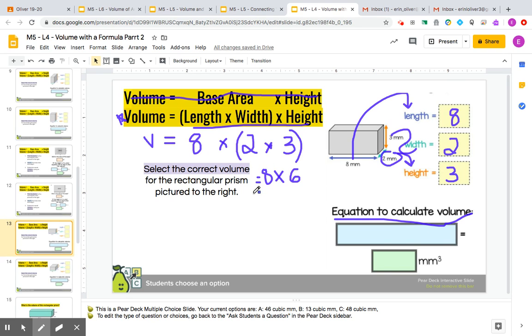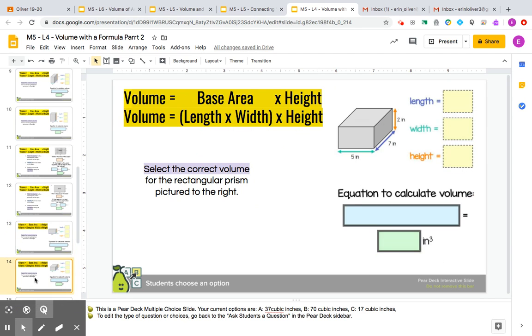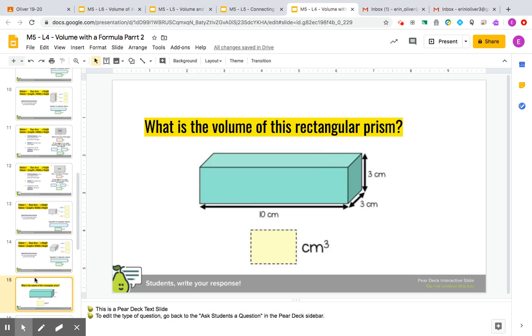And 8 times 6 is, let's see. 6 times 6 is 36. So I add 6 more. I'm going to get 42. If I add 6 that 8th time, I'm going to get 48. So we know our volume is going to be 48 millimeters cubed.